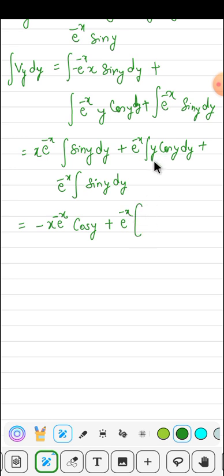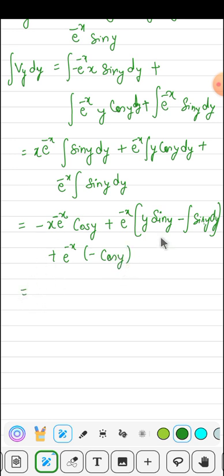I know that there are two different functions, so I will use integration by parts, taking y as the algebraic function: y times integration of cos y, minus integration of sin y dy, bracket close, plus e^(-x) minus cos y.